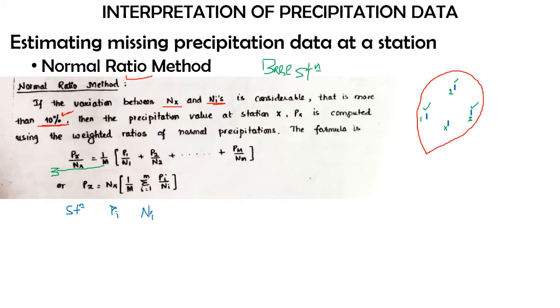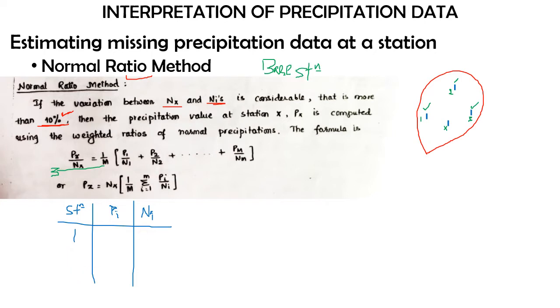So let us use this. Here also you will be having the same data. You will have the set of Pi values and Ni values for the given stations.